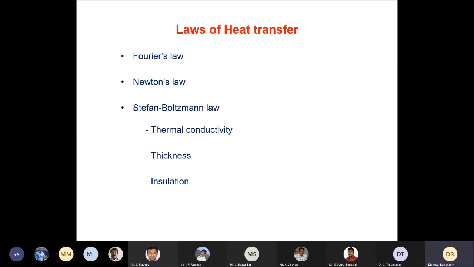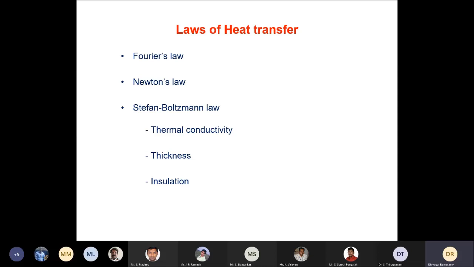Insulations. In the sense, if we want to study the heat transfer rate or the heat conducting capacity of materials, we should create insulation.